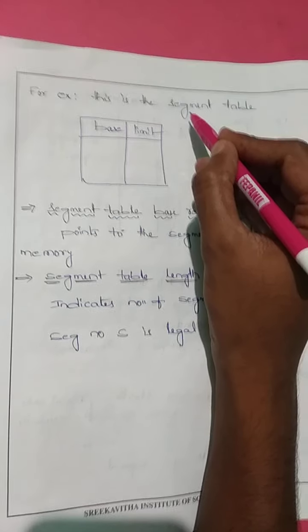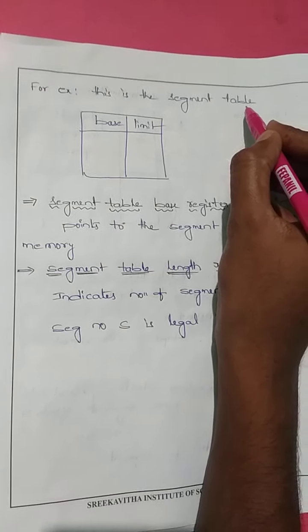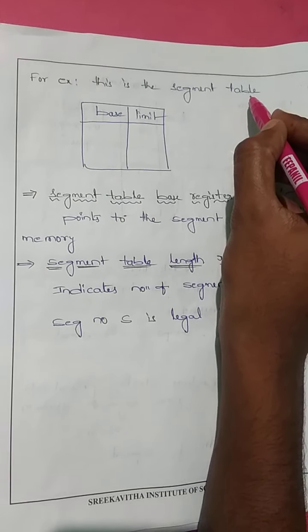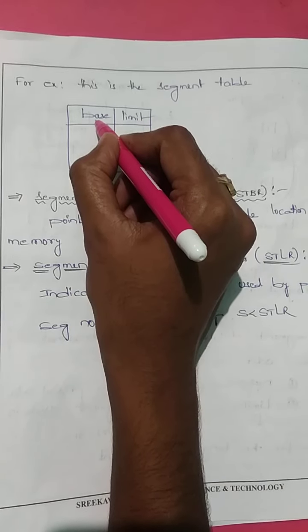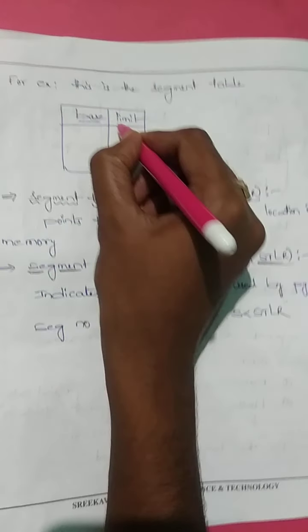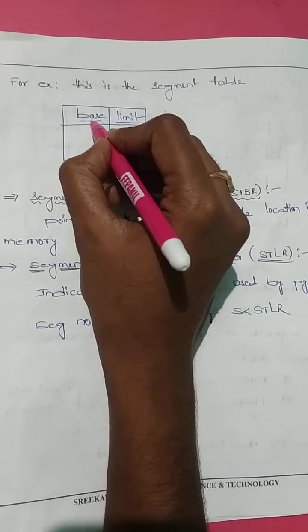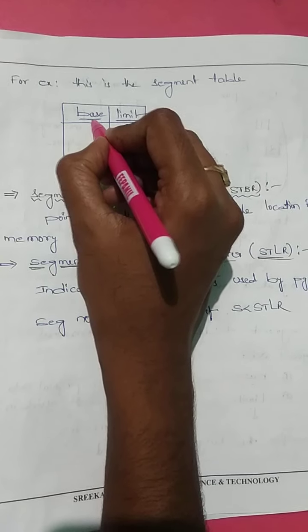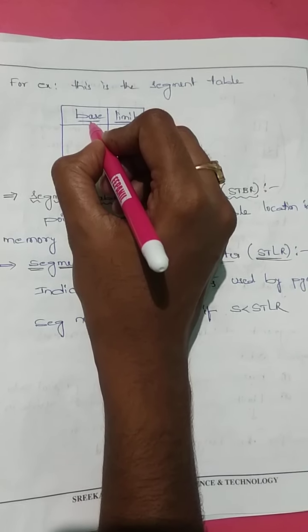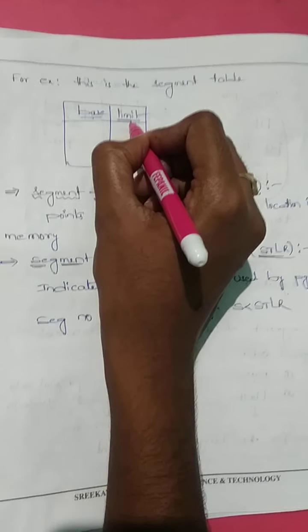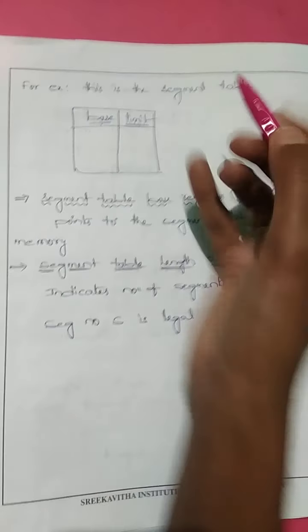So this is your segment table, and in this segment table we have two tuples: the first is the base and the second is the limit. The base contains the starting physical address, and the limit contains the length of the segment.